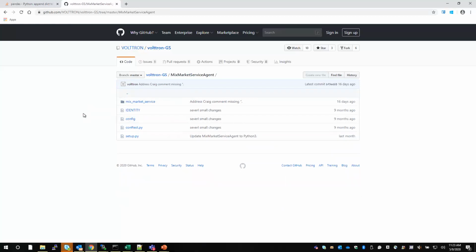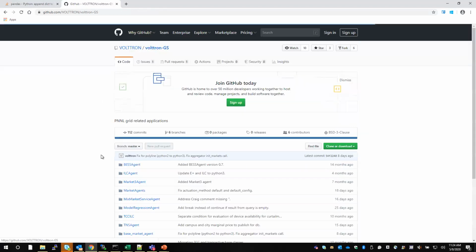This is a consensus-based market that basically handles a lot of the callbacks and other interactions for doing the aggregation of curves and then finding the intersection of supply and demand curve to clear the market. And this was written by Edward Ellis a couple years back. It's been modified and extended a little bit, but it's primarily still functionally the same Voltron market service.